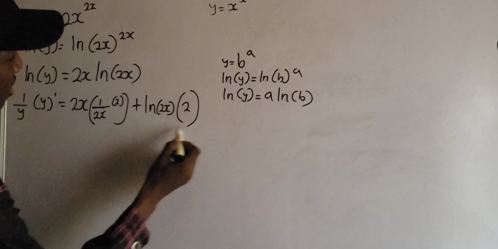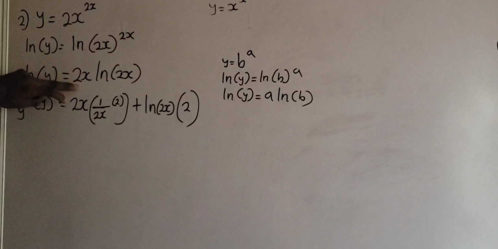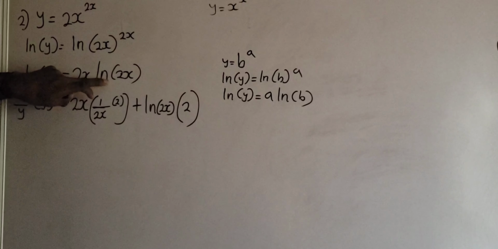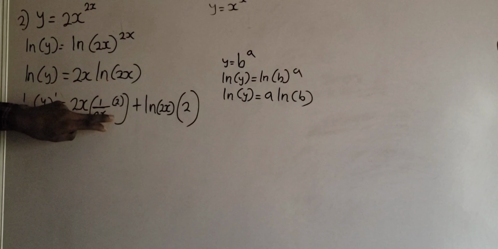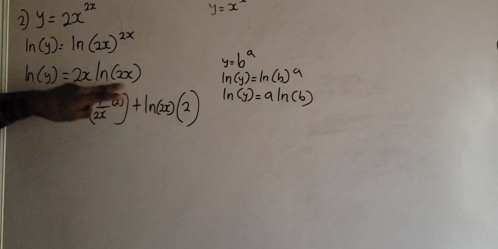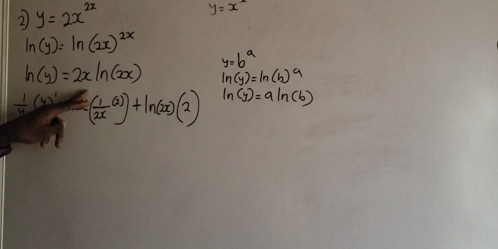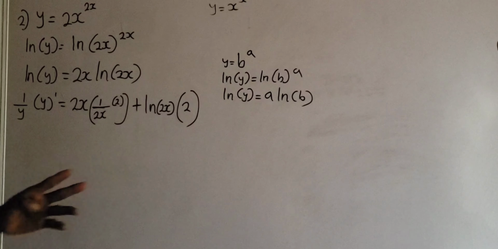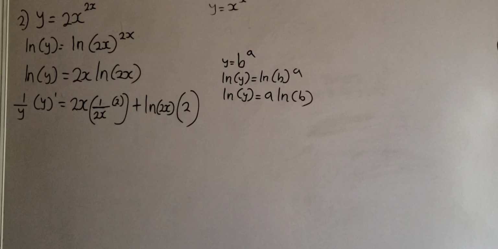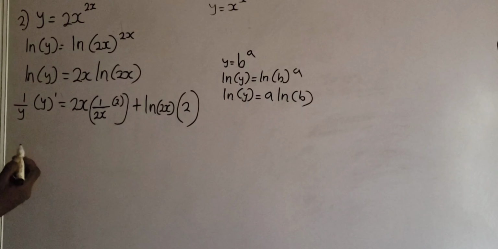You understand? That is u, this is dv, differentiates ln 2x, you are going to get this, plus v, which is ln 2x, du, differentiates 2x, you are going to get 2. You understand? If you don't know how to differentiate using the product rule, you can go back to the channel and watch the video. You understand? So now let us proceed.